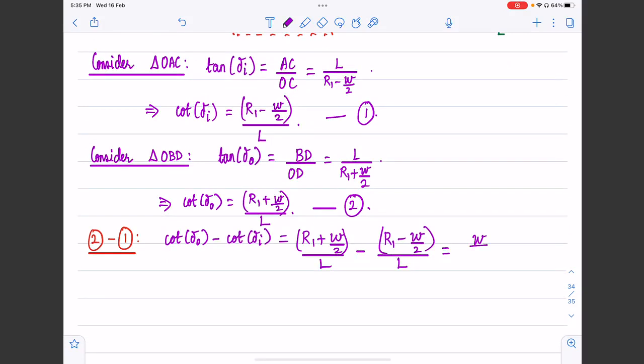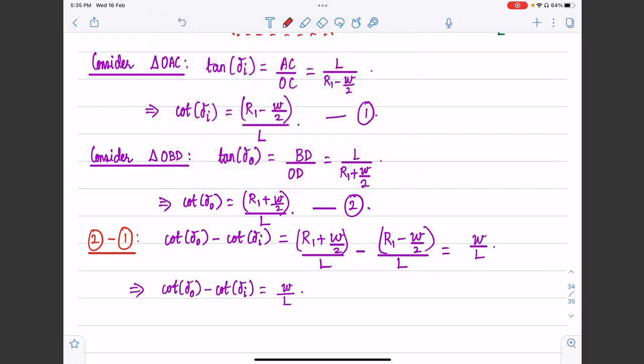We are going to get W by L. R1 will cancel off, W by 2 and minus of minus W by 2 will become plus W by 2, so they will add to give us W. So this becomes a very important expression, which is cot delta naught minus cot delta I is going to be equal to W divided by L.